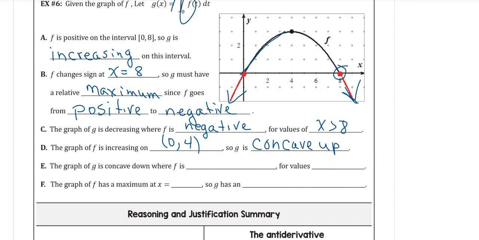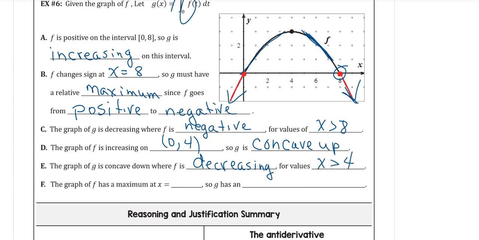So then the graph of g is concave down where f is decreasing. So its slope will be negative. So where f is decreasing, for values that would be anything greater than 4.